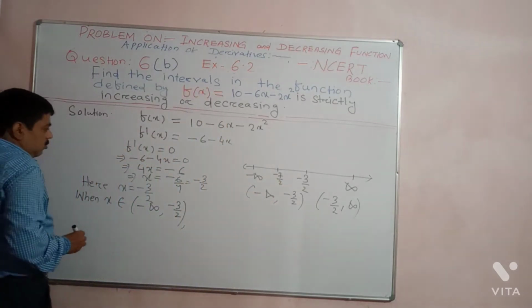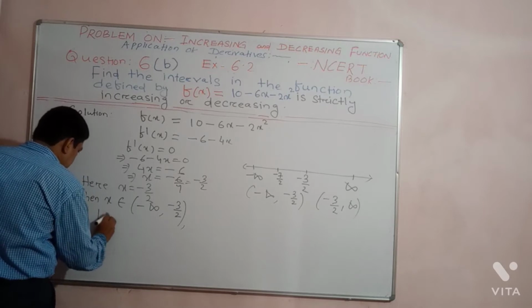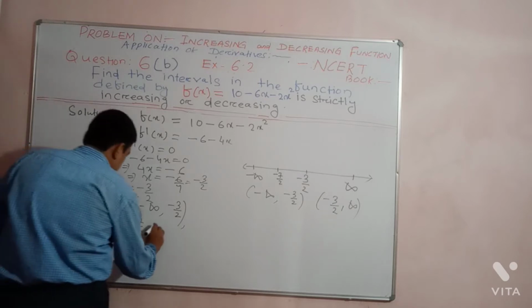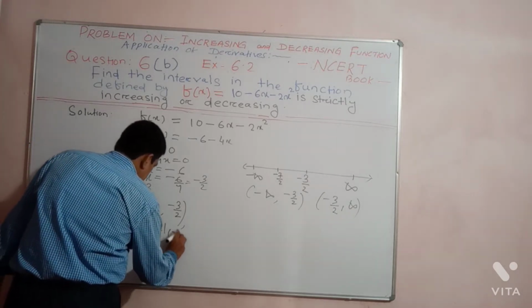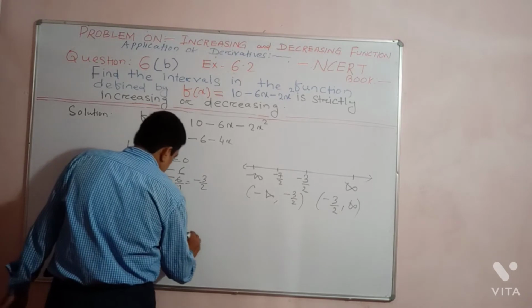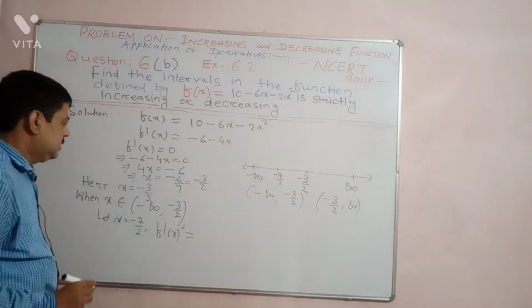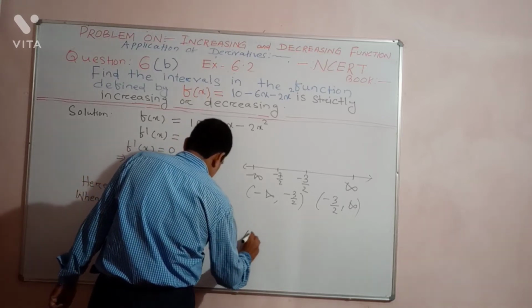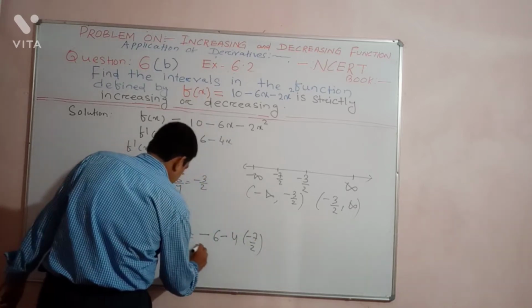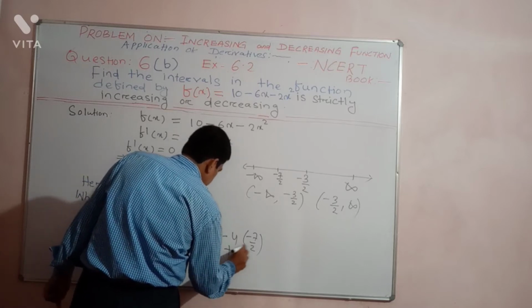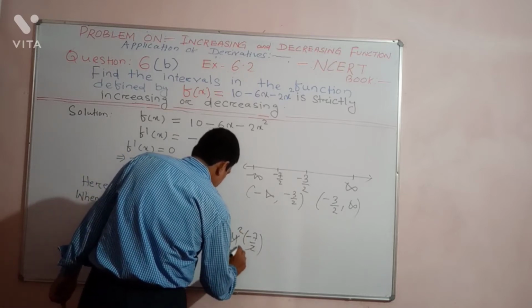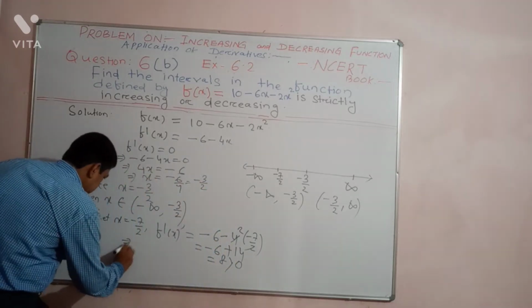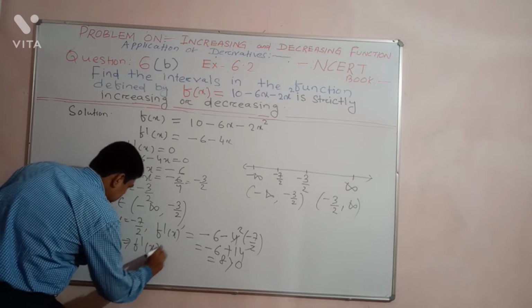Putting the value in the derivative f'(x), we get the slope of the function: -6 - 4 × (-7/2) = -6 + 14 = 8, which is greater than 0. So the slope f'(x) is greater than 0.